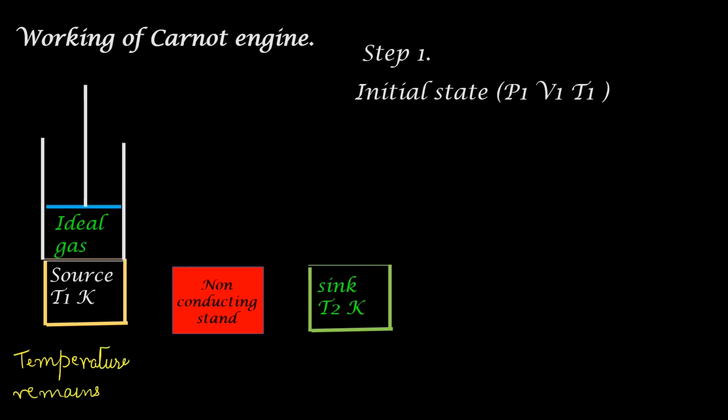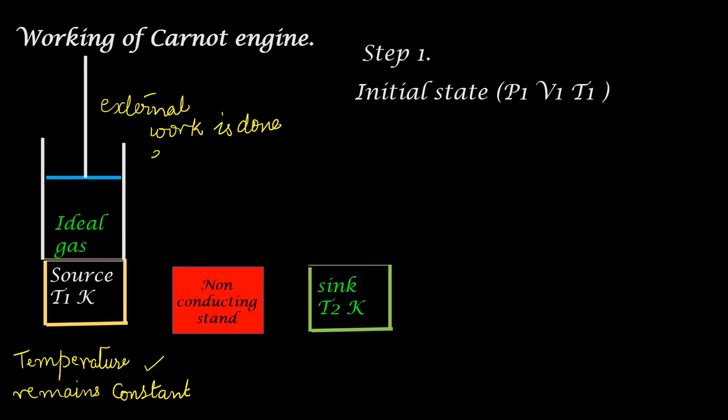So the temperature remains constant. As heat has been absorbed by the ideal gas, what happens to it? It expands and pushes the piston doing external work. So during step 1, temperature remains constant and expansion work is done.